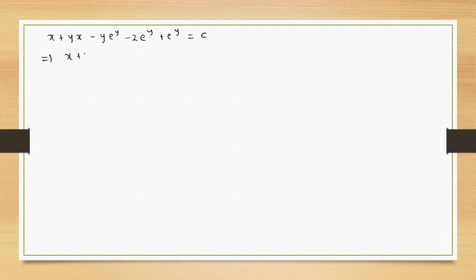So x plus yx minus y e raised to y minus 2 plus 1, sorry, it is minus e raised to y, is equal to some constant c.